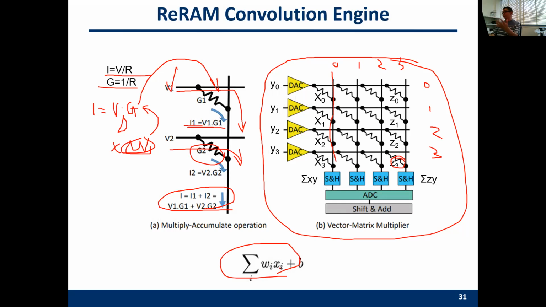Analog means I have some noise, but it doesn't matter because the neural network can tolerate some inaccuracy. You can still get pretty good accuracy with this analog device. So in this case, I don't even have a multiplier or an accumulator at all. I just use some resistors and some basic physical law to do the inference of the neural network, to calculate this equation.